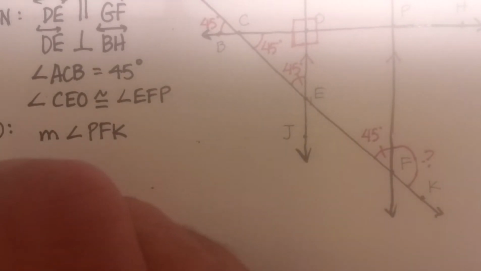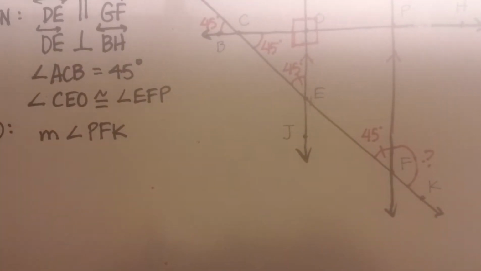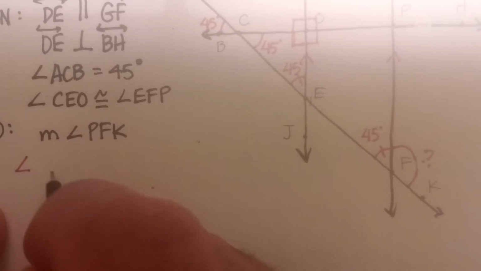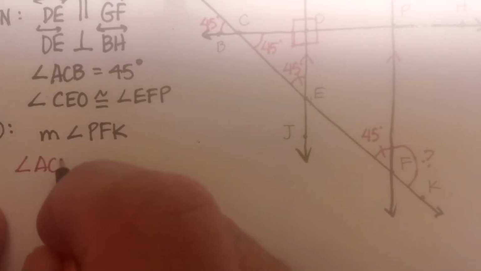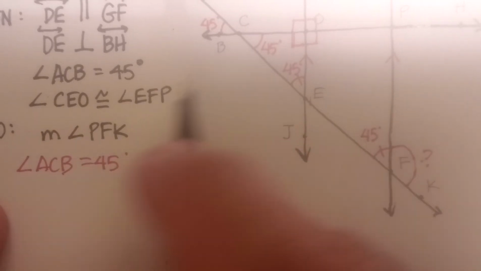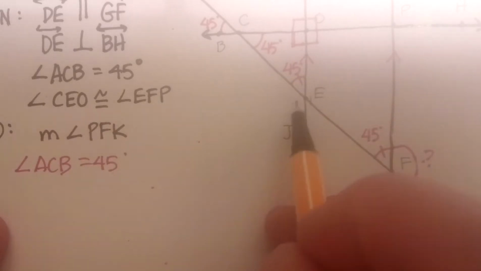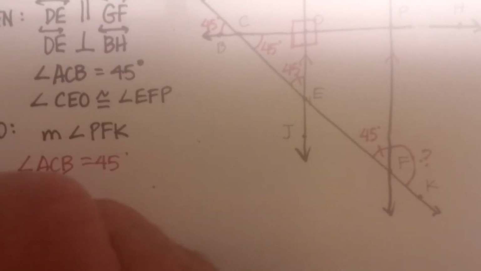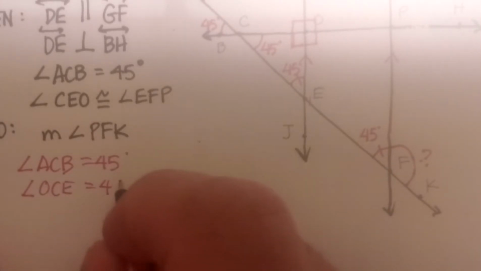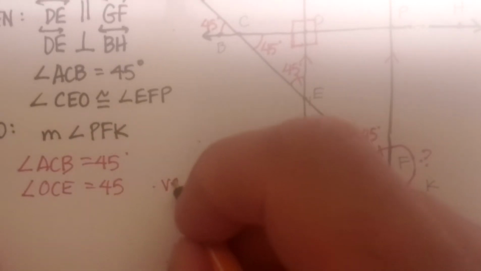Now, let's go over here and start writing out our paragraph. We know that angle ACB is 45. So I'm going to put that in here. If angle ACB is 45, then angle OCE is 45, and we're going to call those vertical angles.